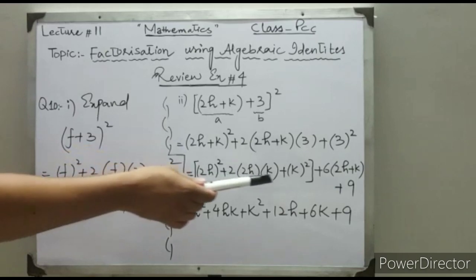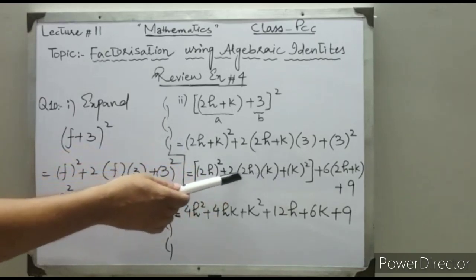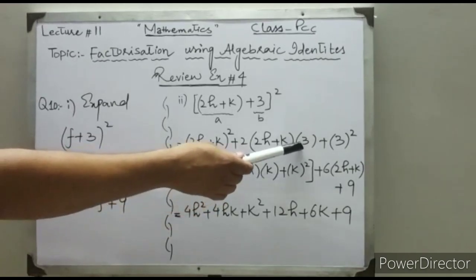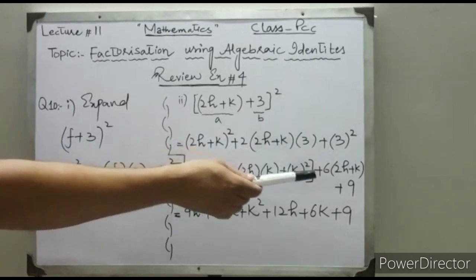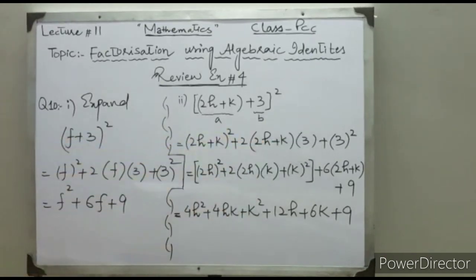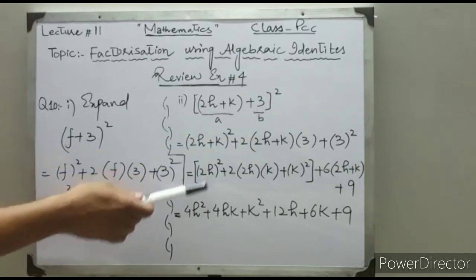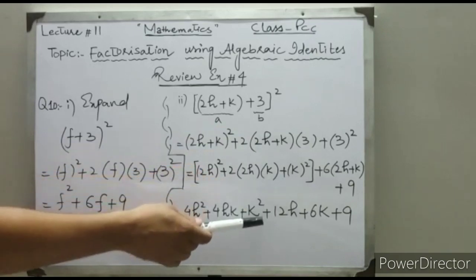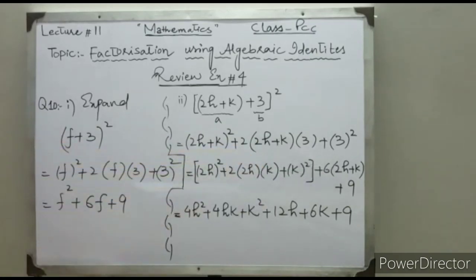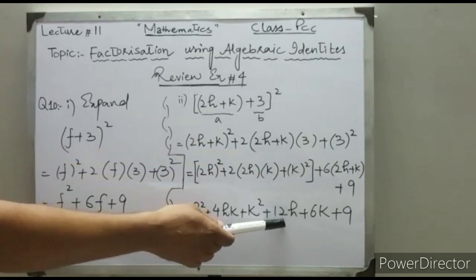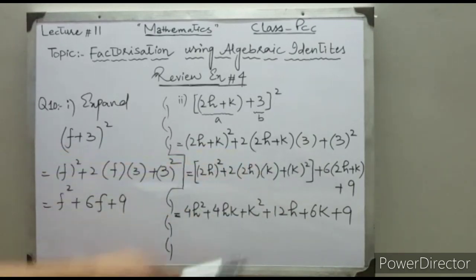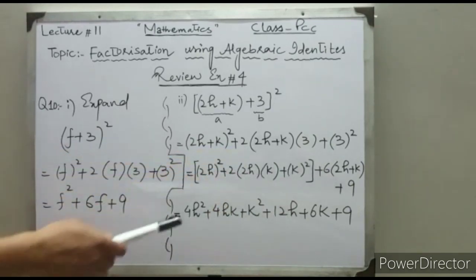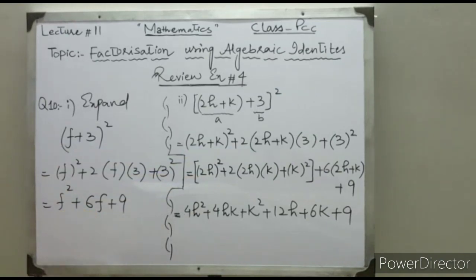Multiply 3 to 2, we will get 6 into 2h plus k, and the square of 3 is 9. Now finally we have 4h square plus 4hk plus k square. Multiply 6 to 2h, we will get 12h, then 6k and at the last 9. So finally we have 4h square plus 4hk plus k square plus 12h plus 6k plus 9.